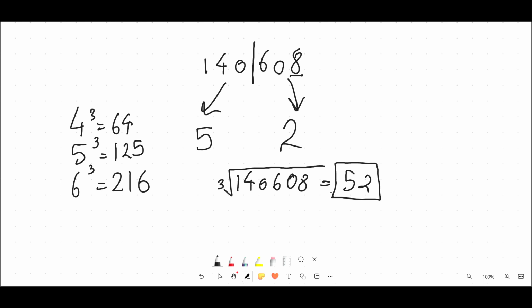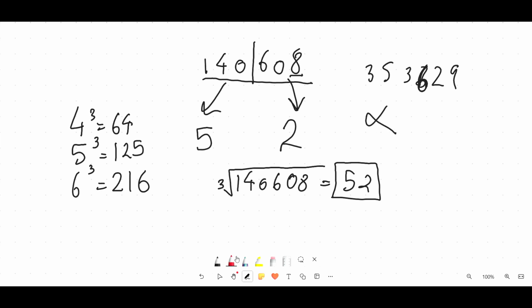I hope you understood this technique, and the most important part of using it is that this technique can be used only and only for perfect cubes. If you take a random number like 353629, it's very unlikely it's a perfect cube, first of all, and so this technique will not work whatsoever.